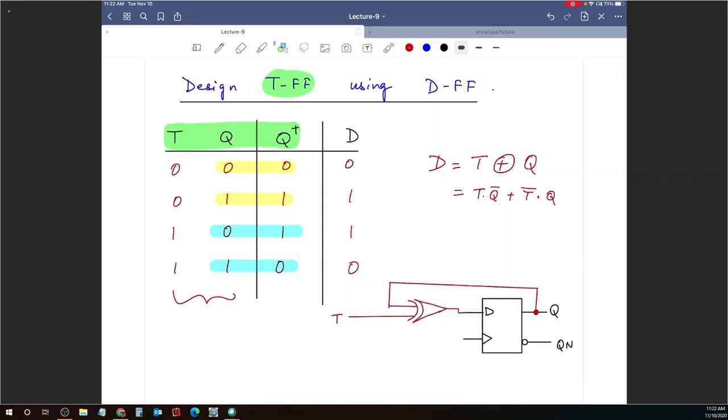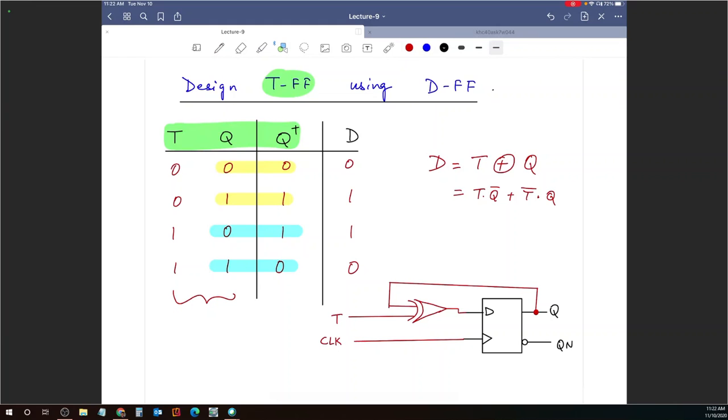And I also need to add my clock input so that this guy can function. And that is it.